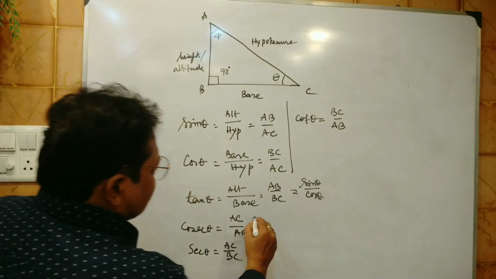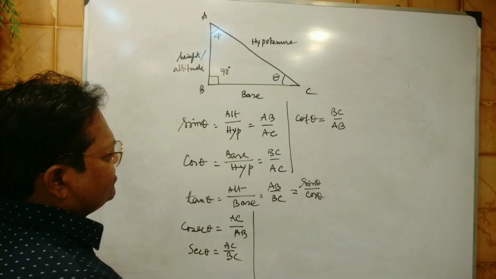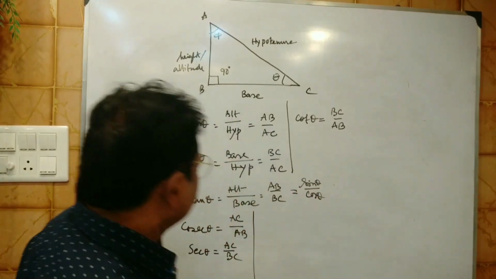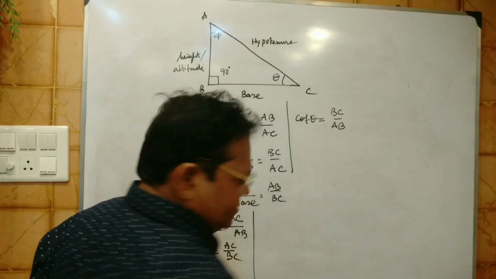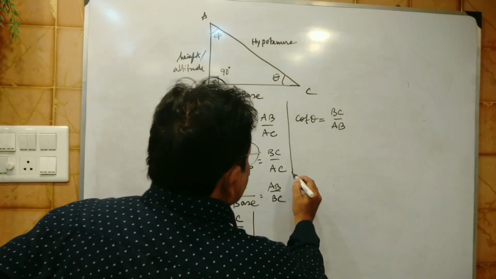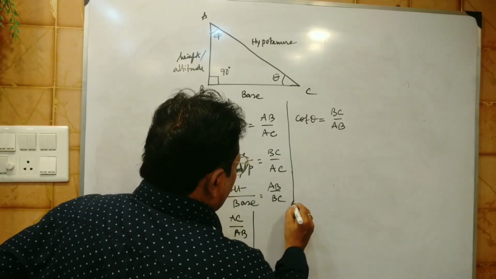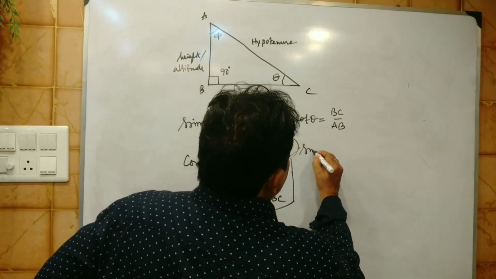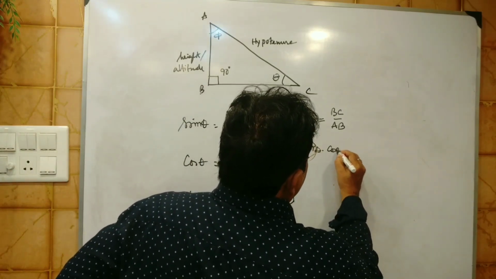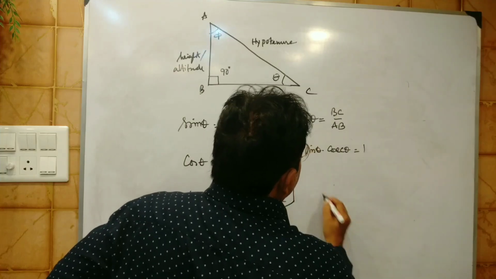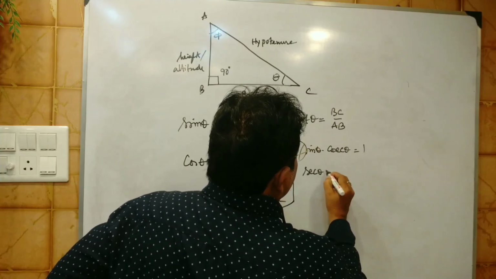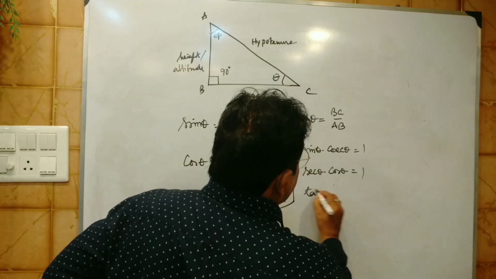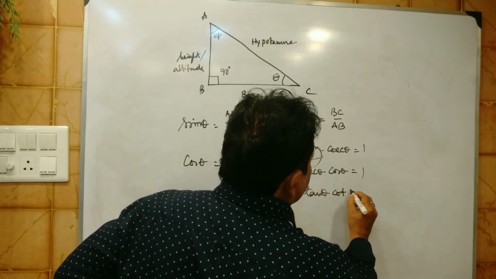So in this case we will get some relations. I will write them here later. At first the relation is that sin theta into cosec theta is equal to 1, sec theta into cos theta is equal to 1, and tan theta into cot theta is equal to 1.